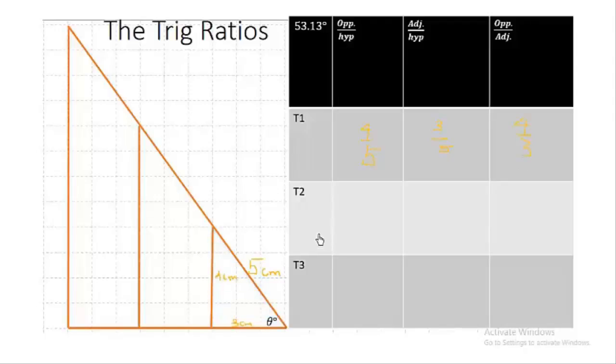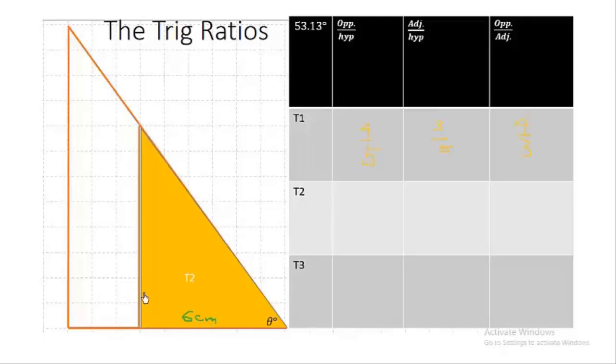Now let's do that of triangle 2. So the angle itself is the same, 53.13 degrees. So the adjacent side will now be 1, 2, 3, 4, 5, 6. So this is 6 centimeters now.